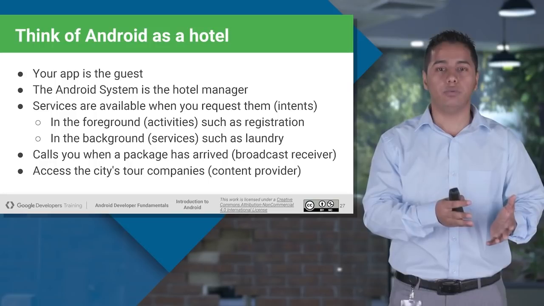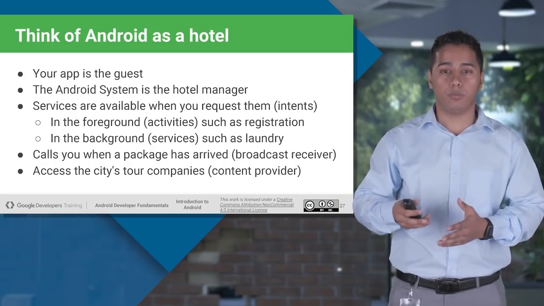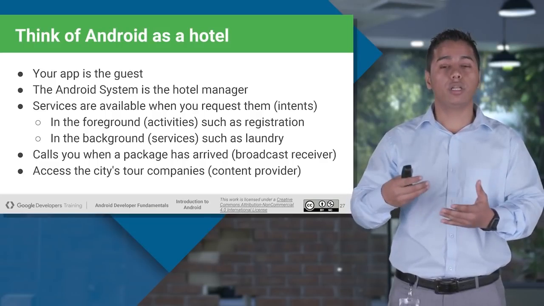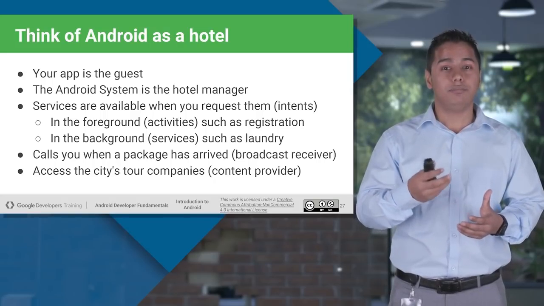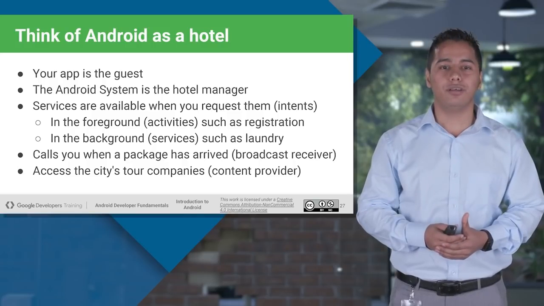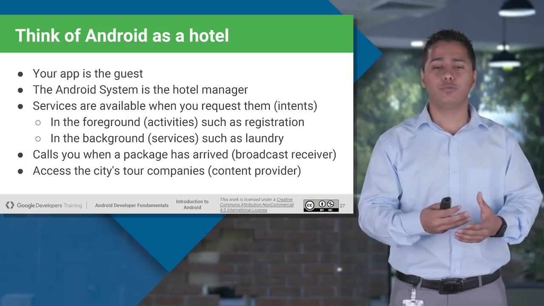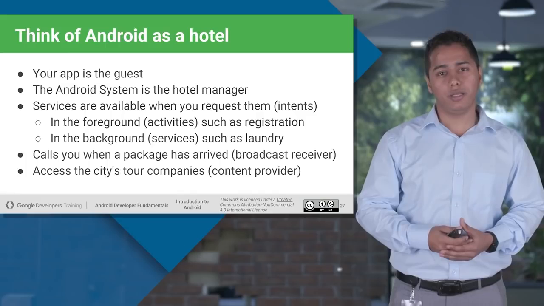That's what an activity is, like your UI. Or there are services which don't require your presence, for example laundry. You can compare that with your services. Now you get a call that your package has arrived. You can compare that with your broadcast receiver. And you get access to the city map. All this access you are getting, you can correlate with the content providers.